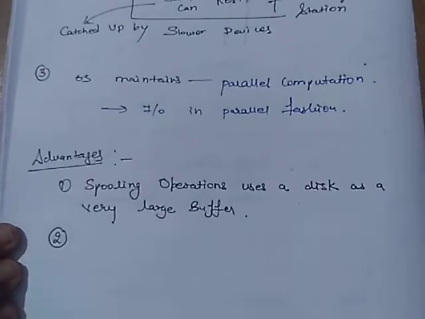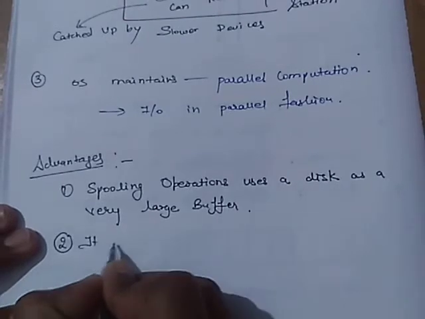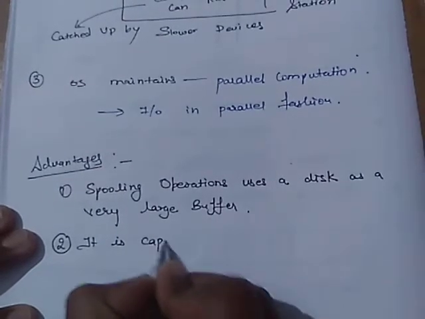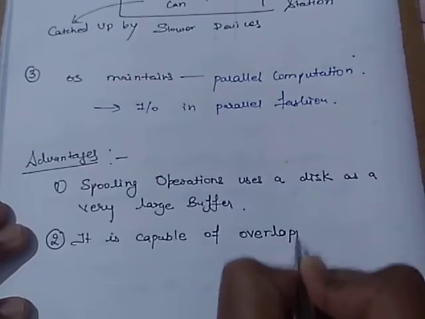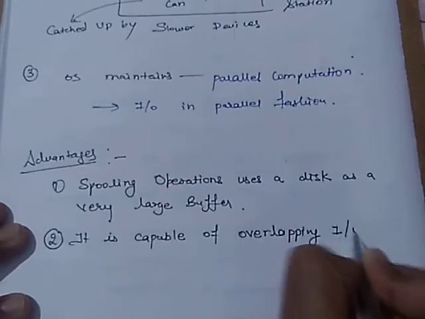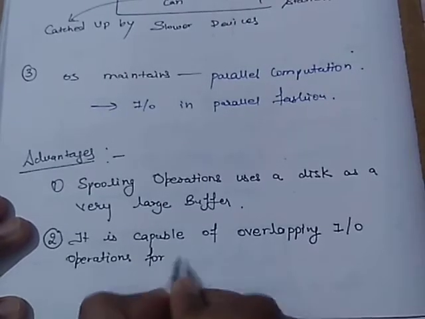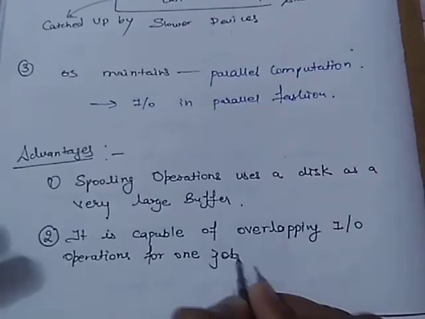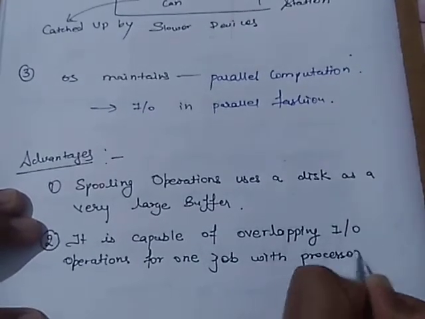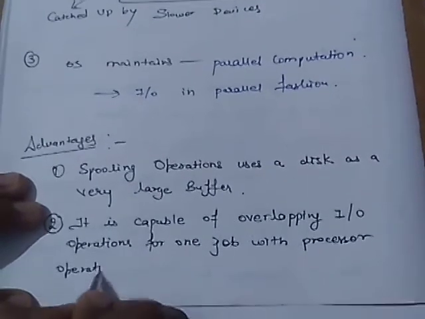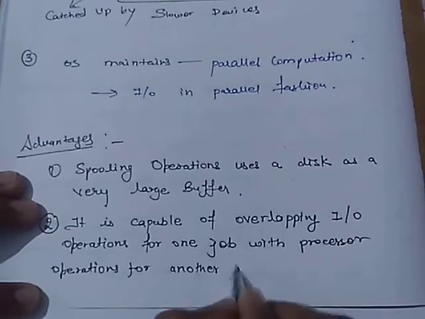Point number 2, spooling is capable of overlapping input output operations for one job with processor operations for another job.